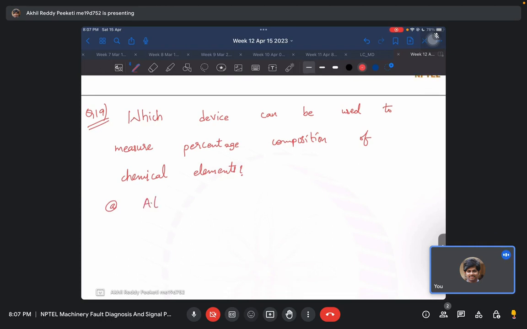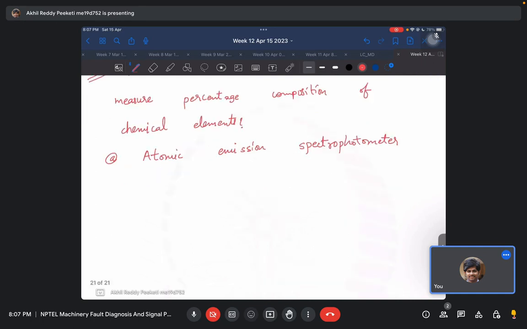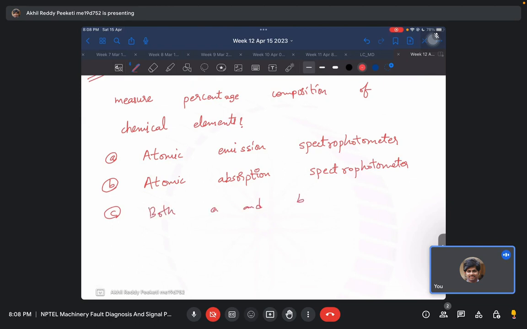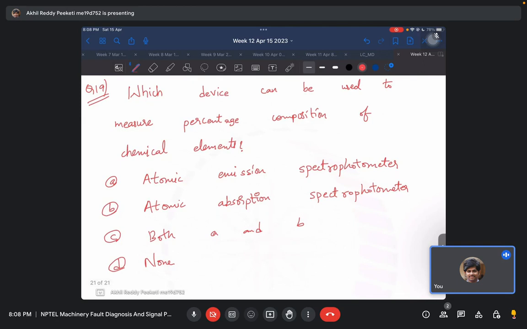Atomic emission spectrophotometer, atomic absorption spectrophotometer, both, or neither. So what will give us the percentage composition of the chemical elements?